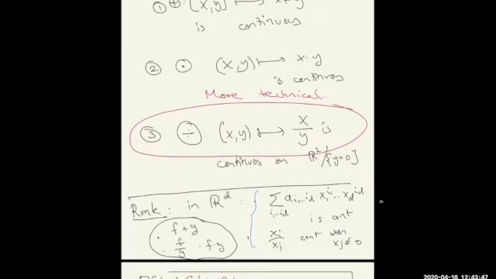Now, a remark is that this is a proof in the plane R^2. However, you could look at polynomials in higher dimensions. You could look at ratios, x_i over x_j, or generally you could look at sums of functions, divisions, and products. All of these will be continuous, assuming these functions are continuous in R^d, and these functions are continuous if f and g are continuous.